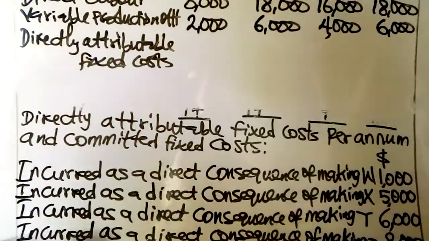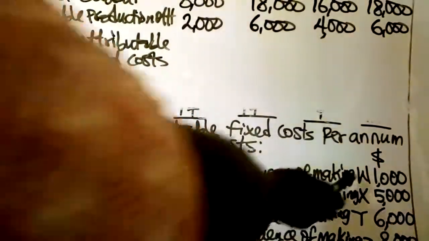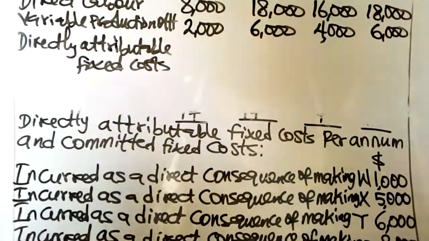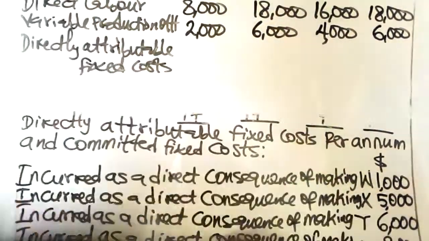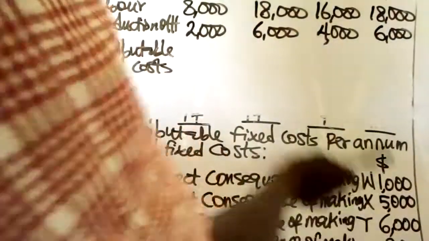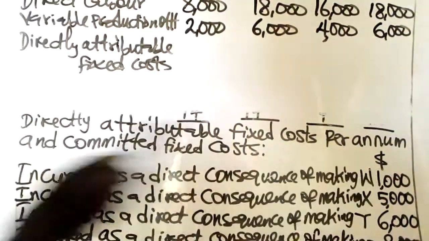The purpose of incurring them is as a result of making those products, meaning that if these products are not to be made, this cost can be saved. That is, those costs will not be incurred. They are incurred as a direct consequence of making W.